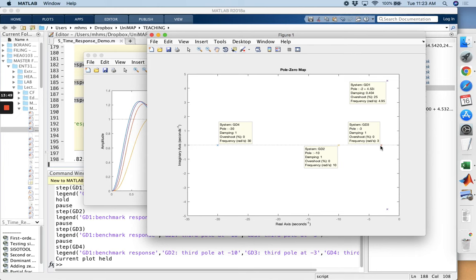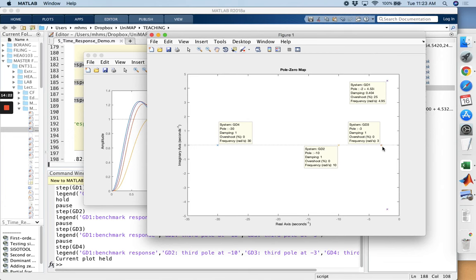The dominant poles are these two, because they are located much nearer to the j omega axis. The third pole's distance to the dominant poles here is less than 5 times. 3 divided by 2 is 1 point something.